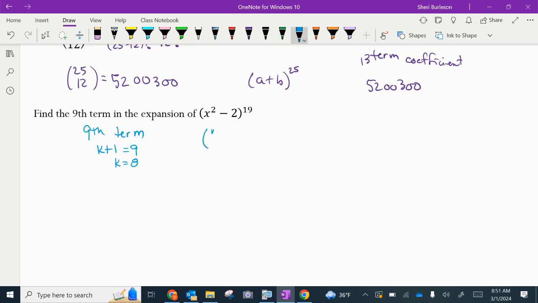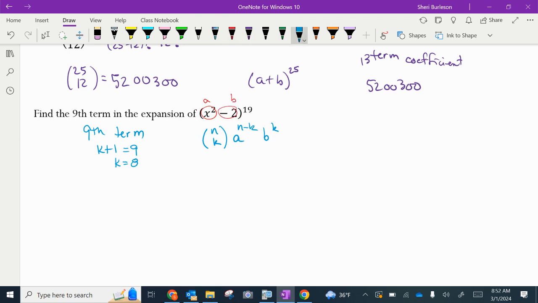And I'm going to remind you, n choose k, a to the n minus k, b to the k. This is the only part of the binomial theorem that you have to have memorized because it will find every term, every single one. This is my a. This is my b.